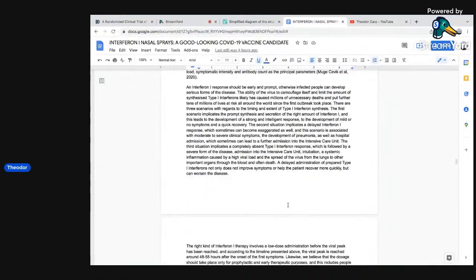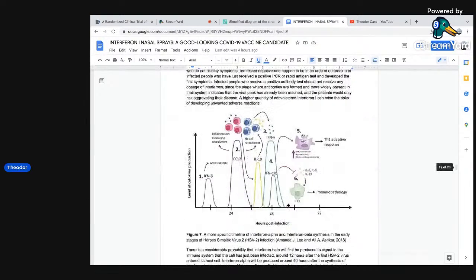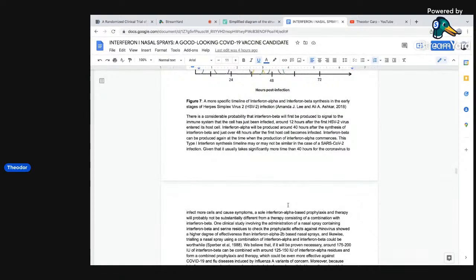We believe that the delayed administration of the interferon can not only not help but also worsen the disease. Despite a clinical trial that actually tended to show the opposite.